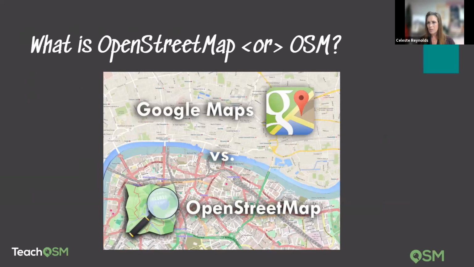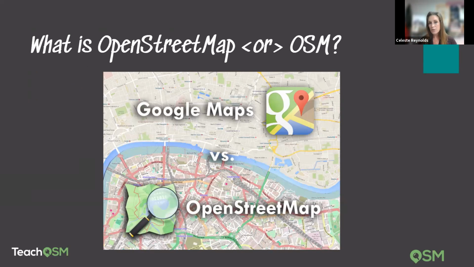And so some people will say, well, we have Google Maps, right? A lot of people pick up their cell phones and say, I have maps right here. Yes, that's true. But the difference between Google Maps and OpenStreetMap is that OpenStreetMap is open source data, and Google Maps is private information.